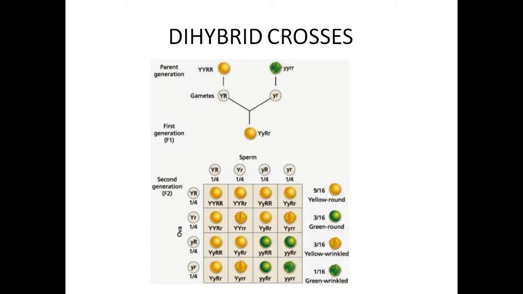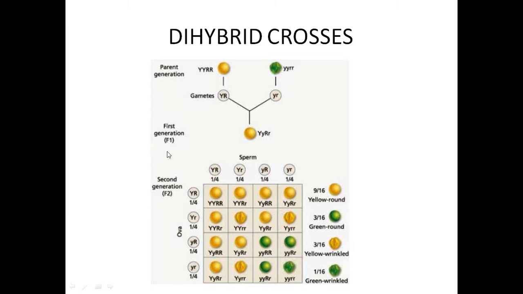Mendel crossed a homozygous pea plant having yellow and round seeds with another plant having green and wrinkled seeds. Small y small y small r is the pea plant with green and wrinkled seeds, and capital Y capital R is the pea plant having yellow and round seeds.